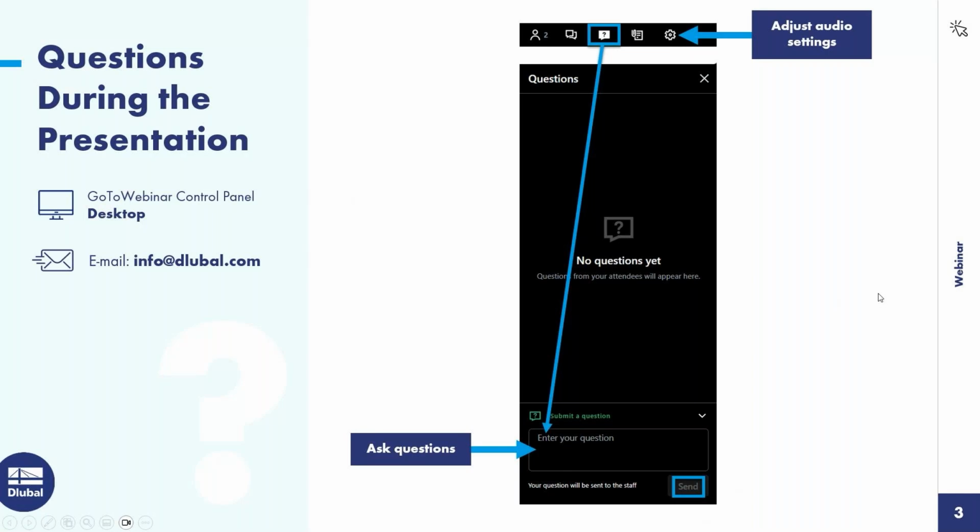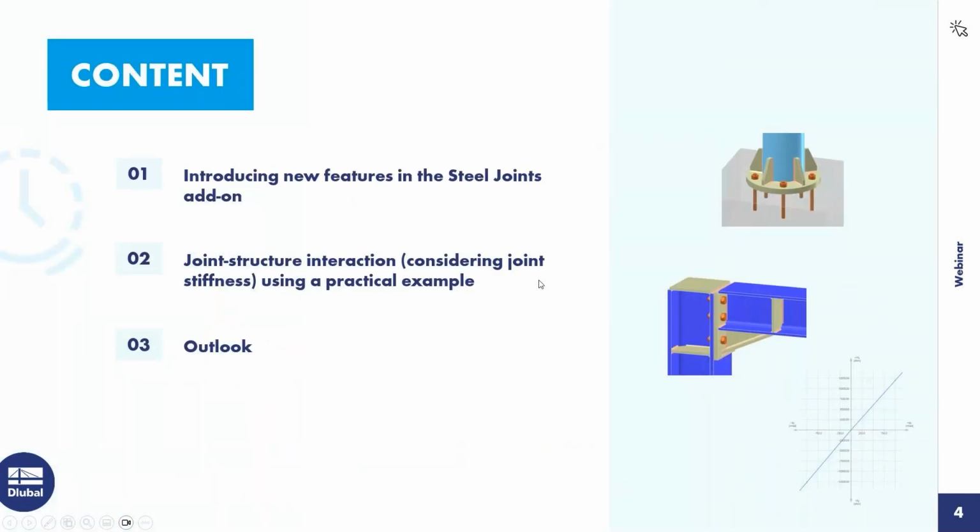Okay, let's turn to the agenda today. At first, I will introduce new features in the steel joints add-on, at least those features that we implemented since the latest webinar, about half a year.